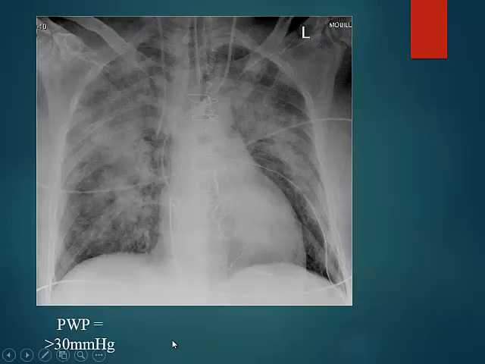Now, what about this? There's quite extensive airspace shadowing. That is the word we use now in radiology. Cardiologists who are not familiar with it wonder what it means, but we mean generalized opacification of the lung parenchyma. It could be focal as well.